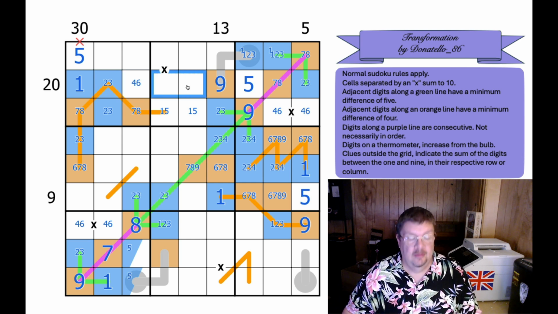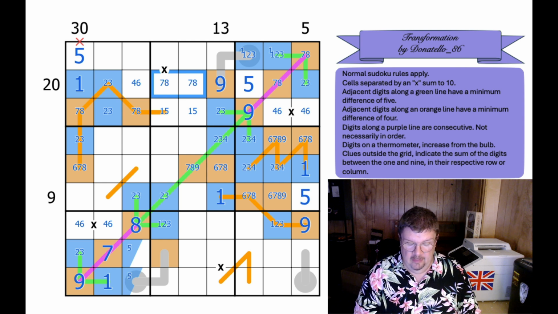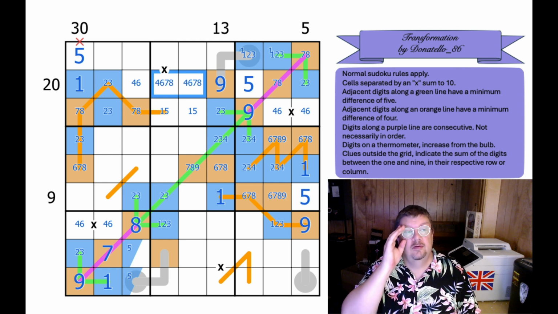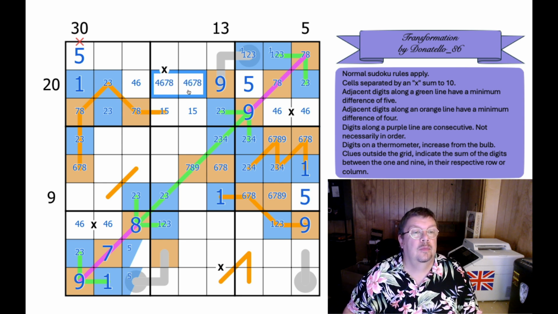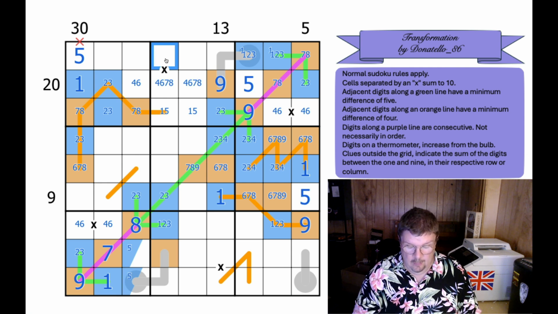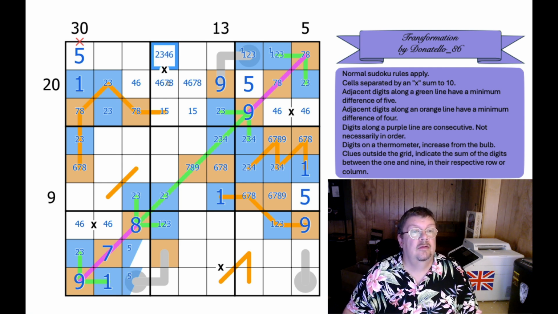And then I have 7, 8, and 4, 6 to go there. And this would be 4, 6, 2, 3. 4, 6, or 2 and 3, depending on what that is.